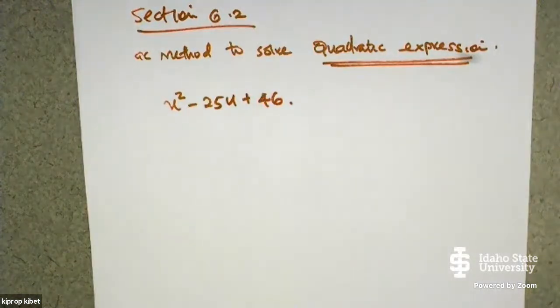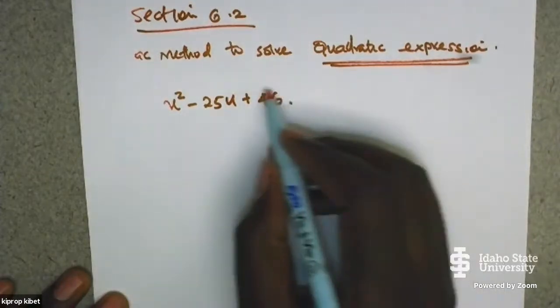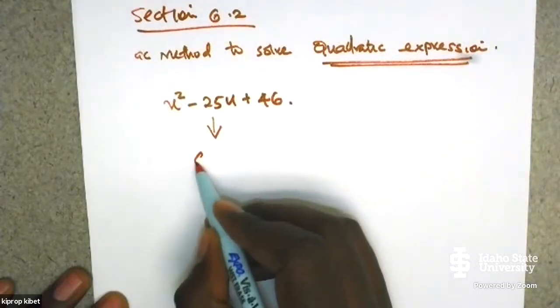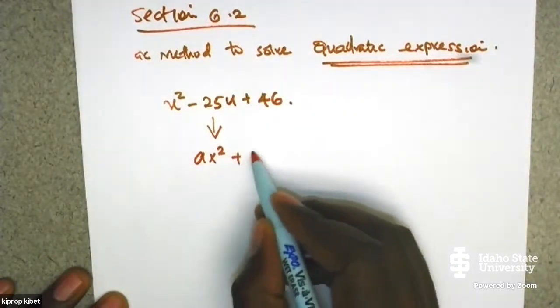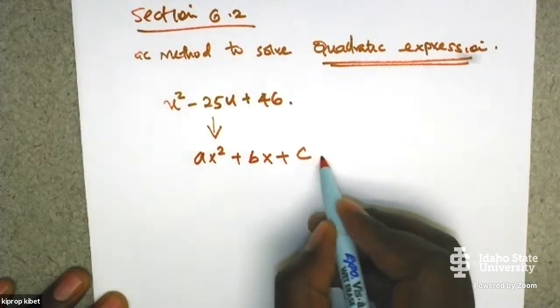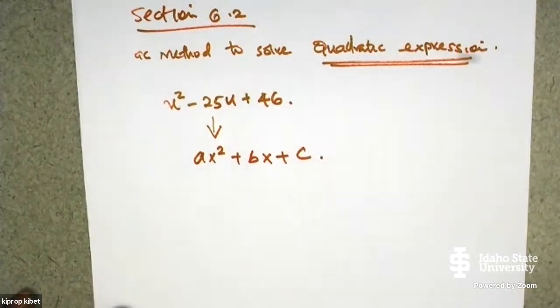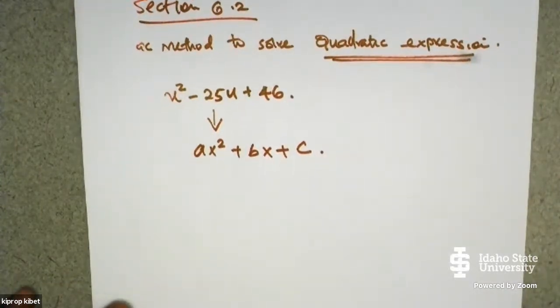So actually this one is an expression, but if you have the equal sign, then it becomes the equation. So this is of the form ax squared plus bx plus c.